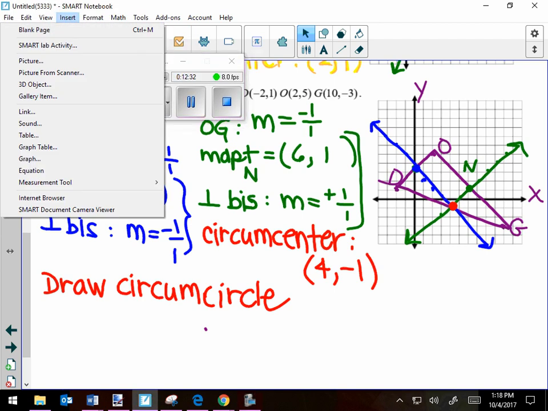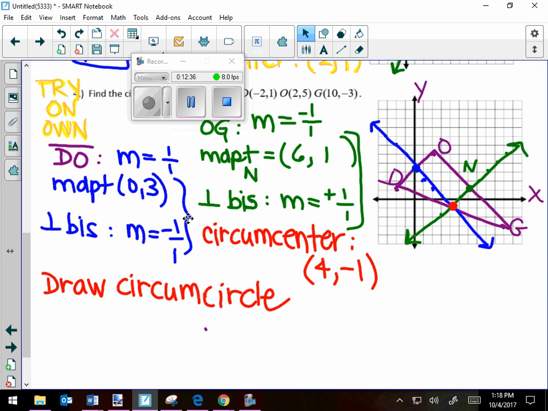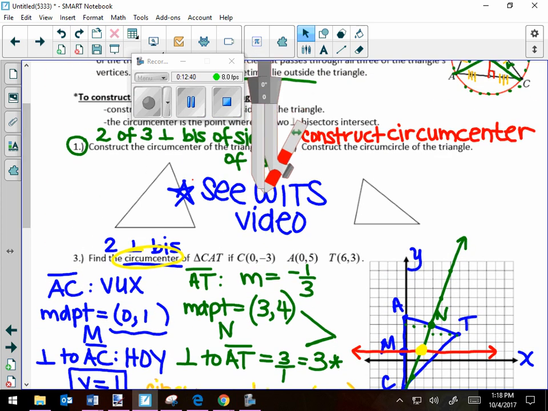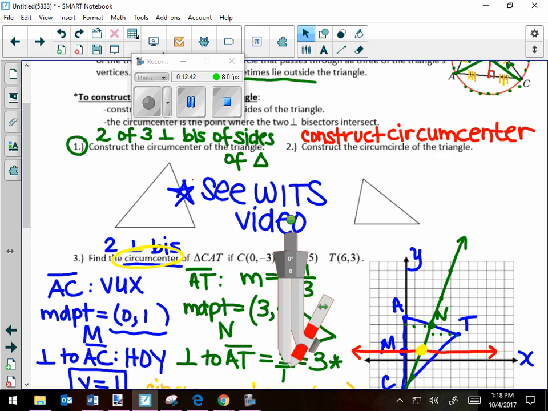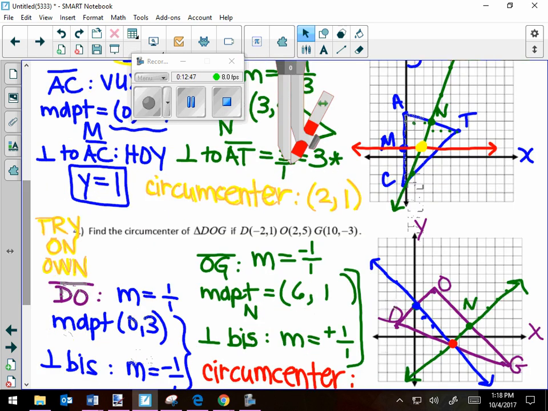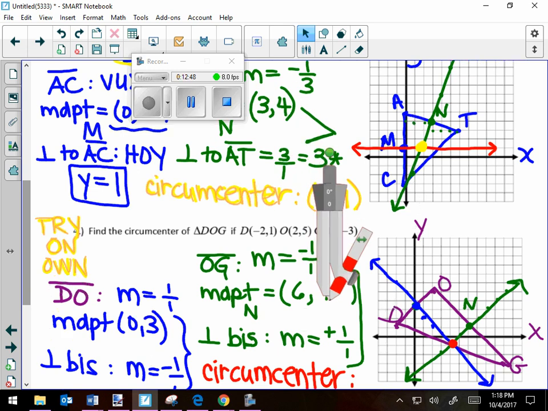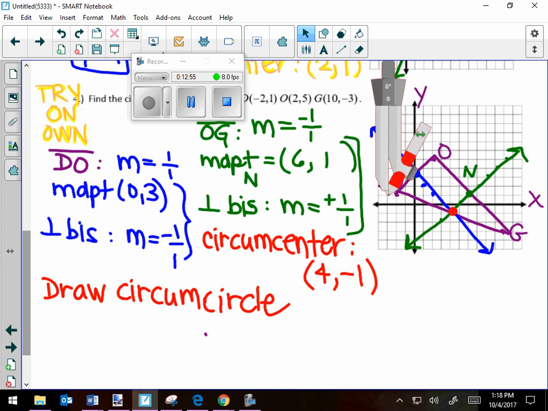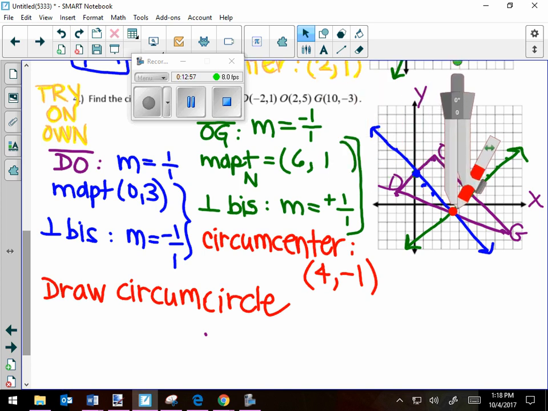Give me a second here. Measurement tool, compass. And from my compass, I'm going to put it at the center, with its vertex, the center of the circle, at that point of coordinate circumcenter 4, negative 1. So I'm going to move my compass over to there, put the point right on that 4, negative 1.